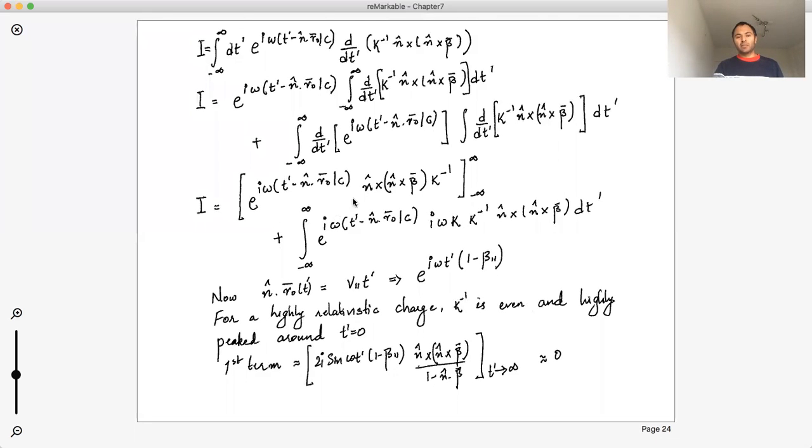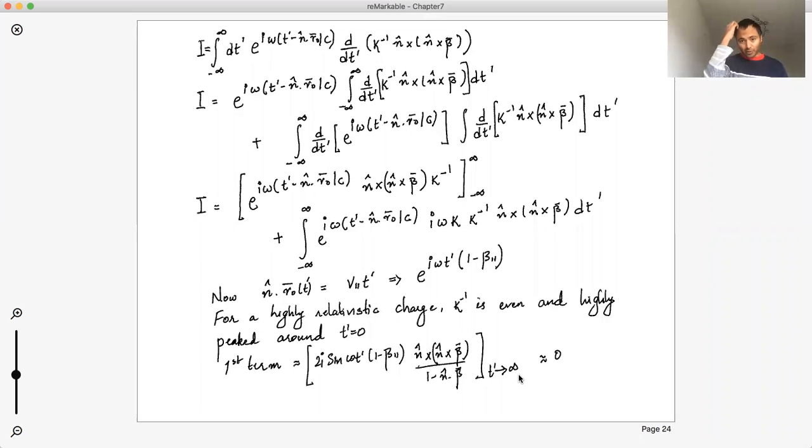So what does this first term look like? Well, when you take these limits, all the even part of it is just going to cancel to 0. So you only get the odd part. So from Euler's formula, only the sine of this complex exponent remains. So 2i times sine of omega t times (1 minus beta parallel). And then this factor is going to be an even function, right? And so we need to take this limit as t prime goes to infinity.